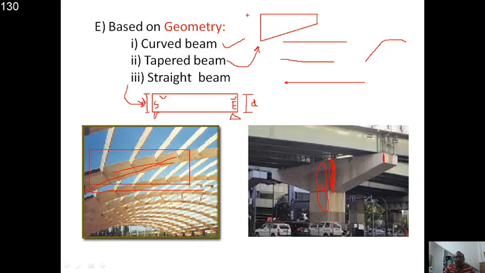So the depth is varying. Here the depth is 40 centimeters, whereas here it might be only 10 centimeters, right? So that is the variation along its axis. If the depth is going to be reduced or increased, then it is known as a tapered beam.